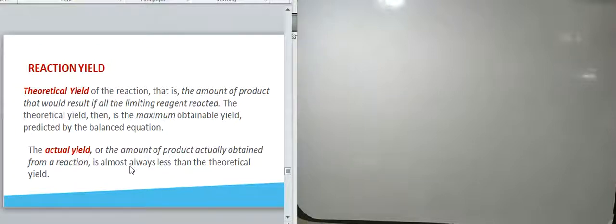Okay, so theoretical yield, basically it is based on the chemical equation. But the actual yield is the actual amount obtained during a process. So we'll try to solve some examples.